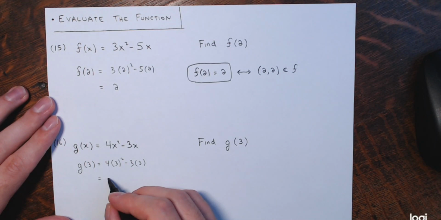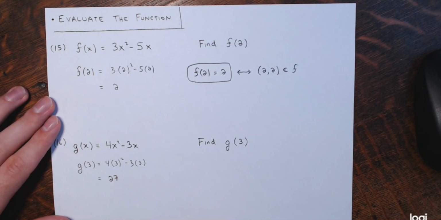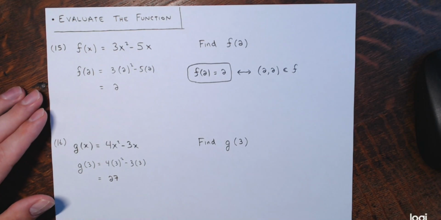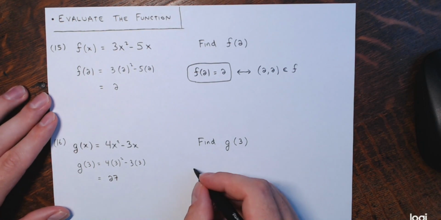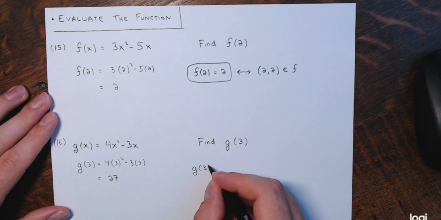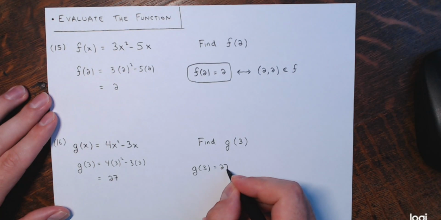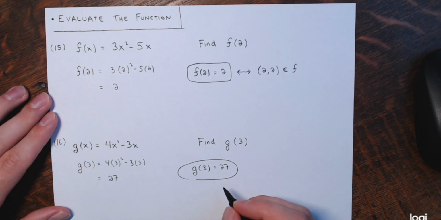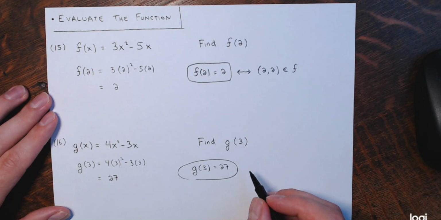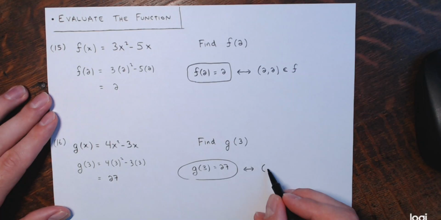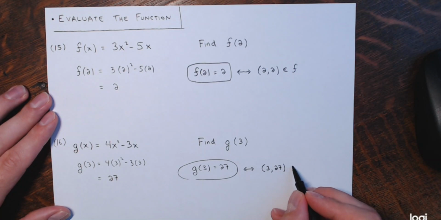Minus 9 is 27. So g of 3 equals 27. And again, an equivalent meaning is that the ordered pair 3, 27 belongs to this function called little g.